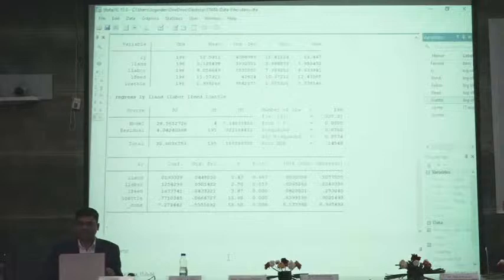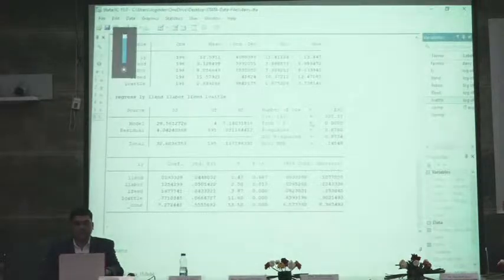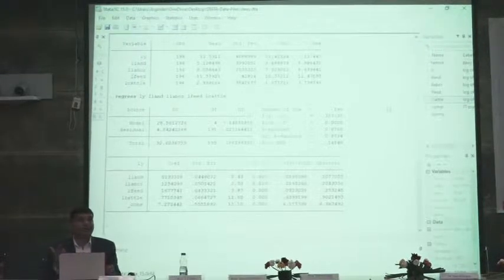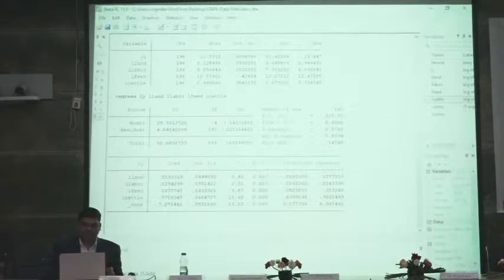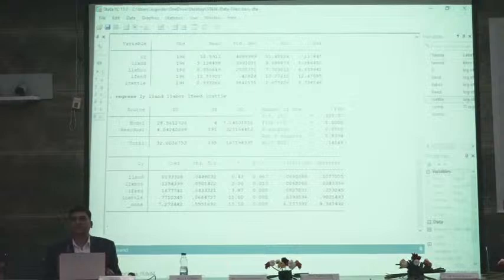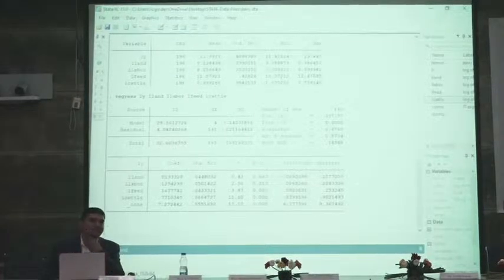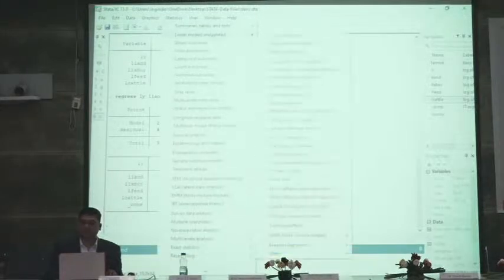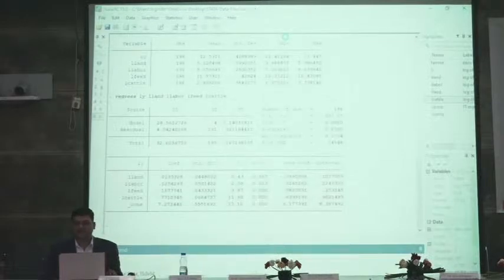You will get the regression analysis. Okay, and this is the multiple regression. Why multiple regression? Because it has more than two independent variables. Okay, this already we have done. And the second way of finding the regression was go to statistics, then linear models, and then linear regression.